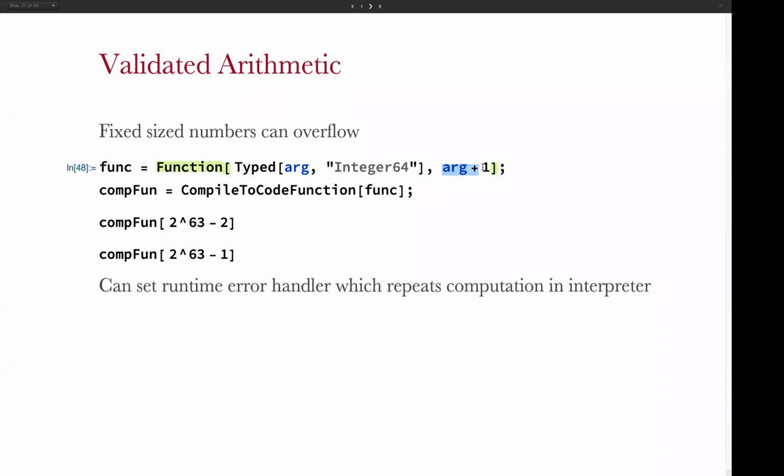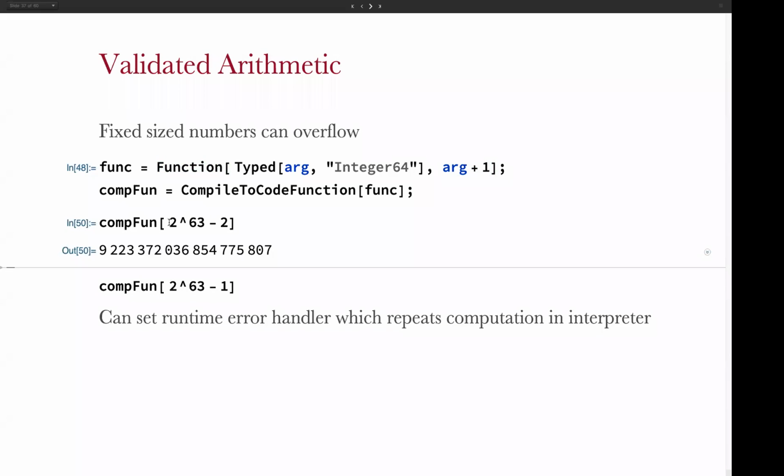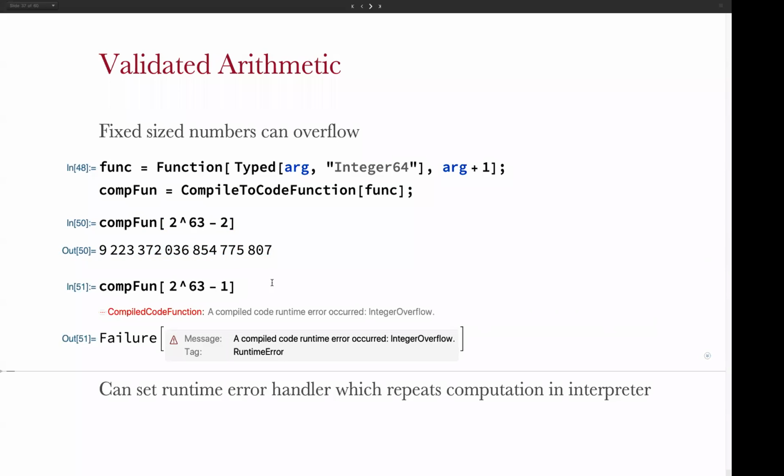So here I've got a 64-bit integer, and I'm adding 1 to it. When I give it 2 to the 63 minus 2, it adds 1 and we get the answer we might expect. But if we go 1 higher, then we've overflowed the size of 64-bit integers, and the code detects an error and gives us this warning.